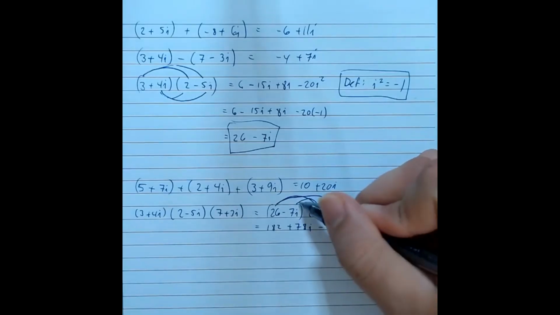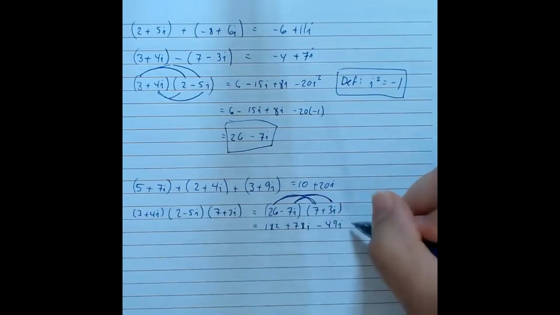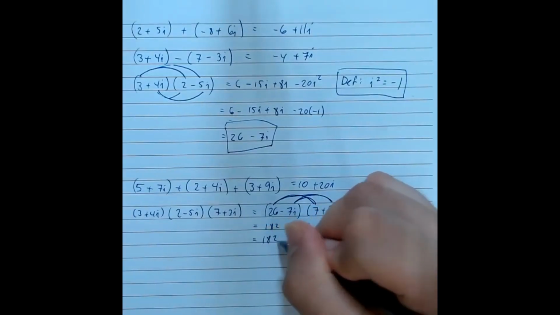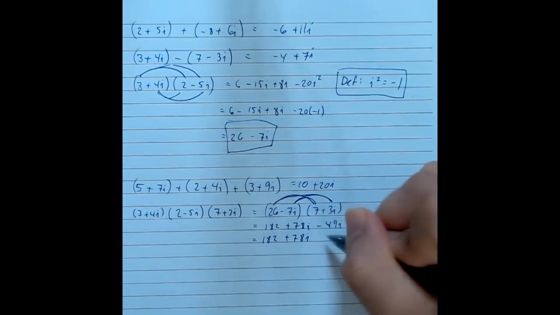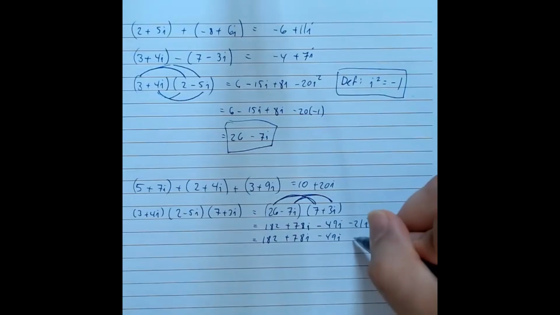And then negative 7i times positive 3i will give me negative 21i squared. But again, we know that I squared is the same as negative 1. So here, that's going to just give us negative 21 times negative 1.